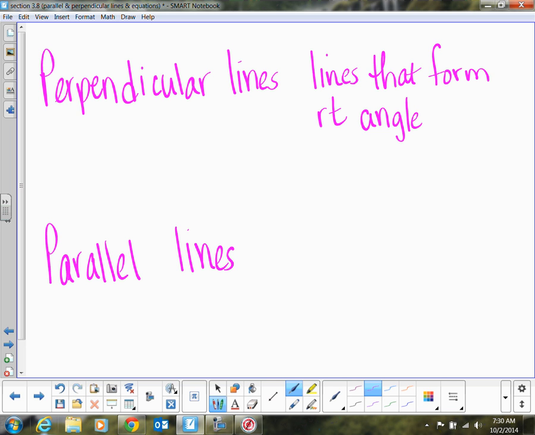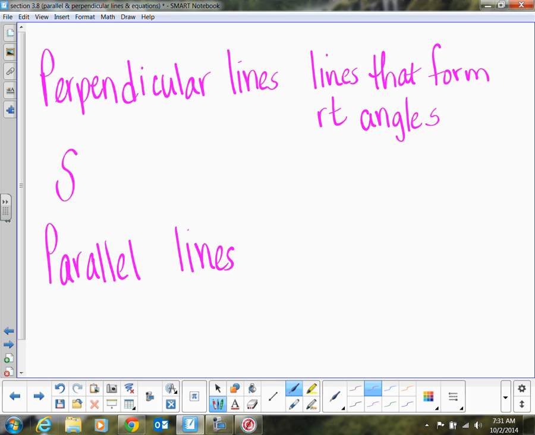Angles. Perpendicular lines are lines that form right angles. We're going to get there, this is just their definition. So perpendicular lines are lines that form right angles. You can either put this in the middle box or on the third box.